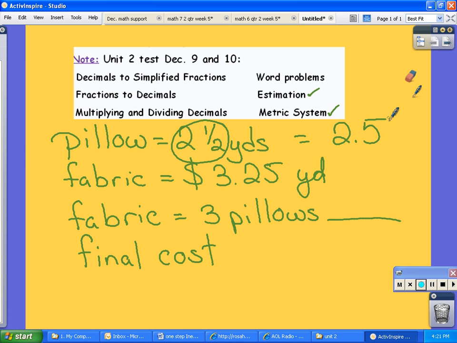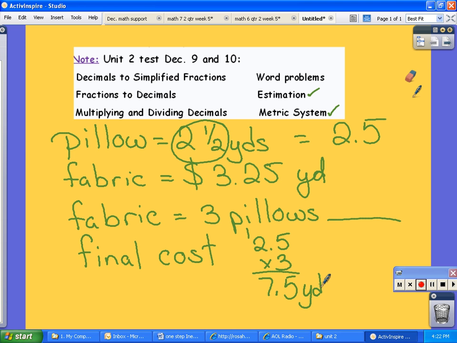So for one pillow, you need 2.5 or 2 5/10 yards of fabric. Okay, now I need 3 pillows. So kids have the option. They can add, they can multiply. I'm going to multiply 2.5 times 3. That's going to be 7. So we need 7.5 yards.